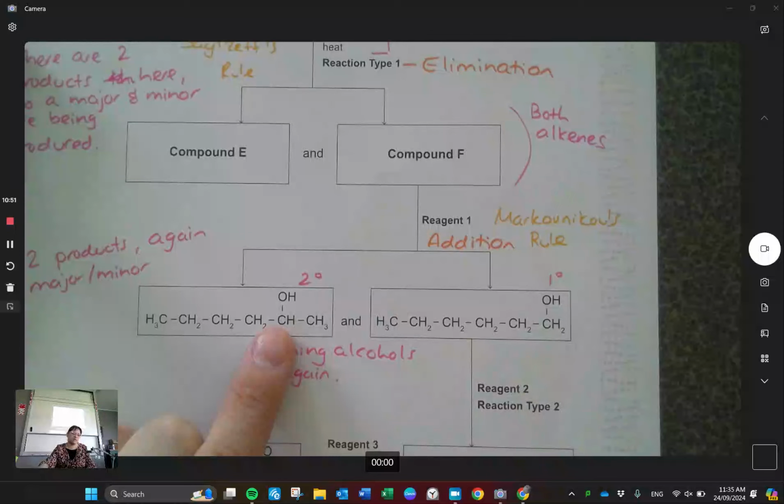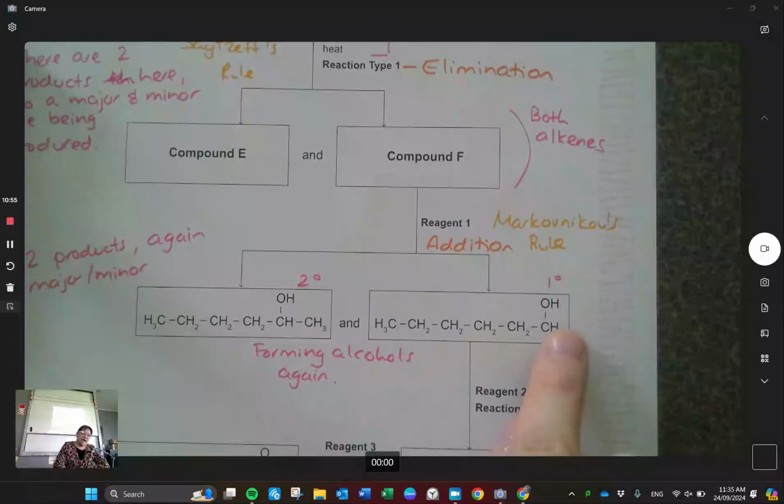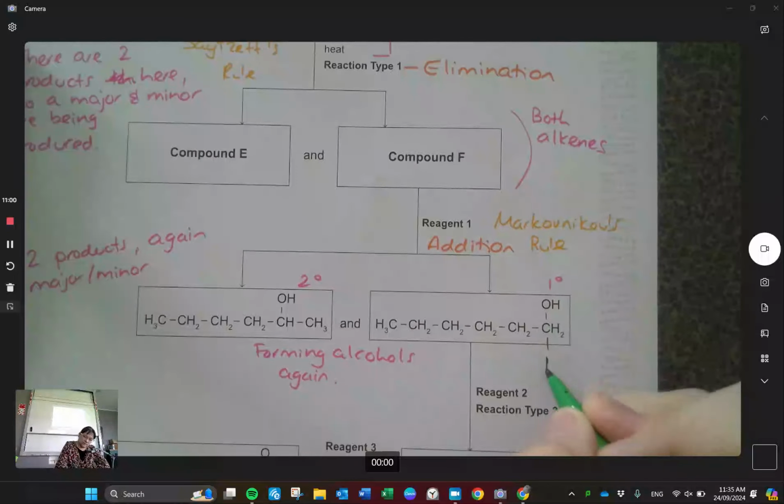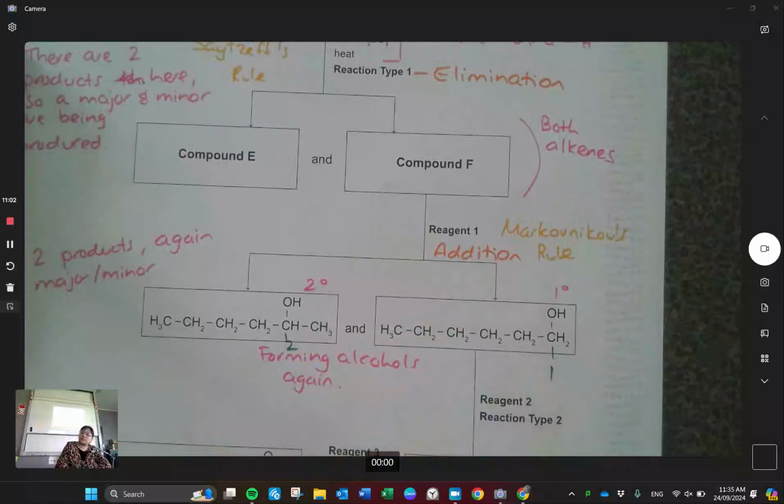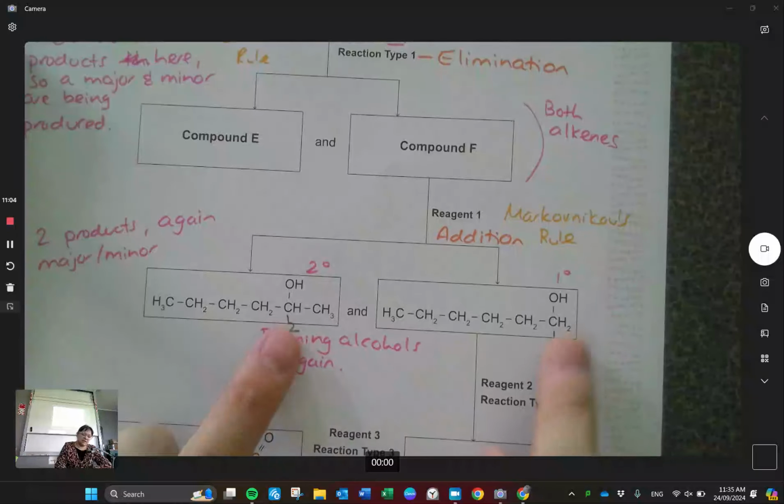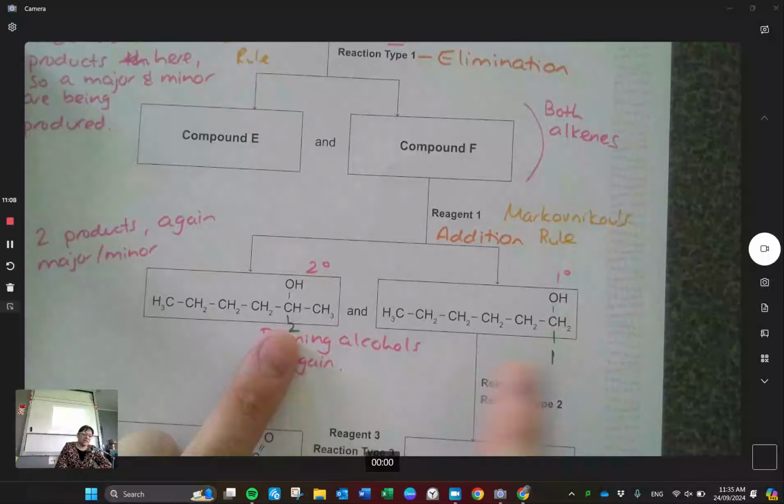I see a confused face, so let me go back. Do you see how this alcohol is on carbon 1, whereas this alcohol is on carbon number 2? So if these are my two options, when I add to my alkene, that tells me the alkene must be between carbon 1 and 2 for that to work out.